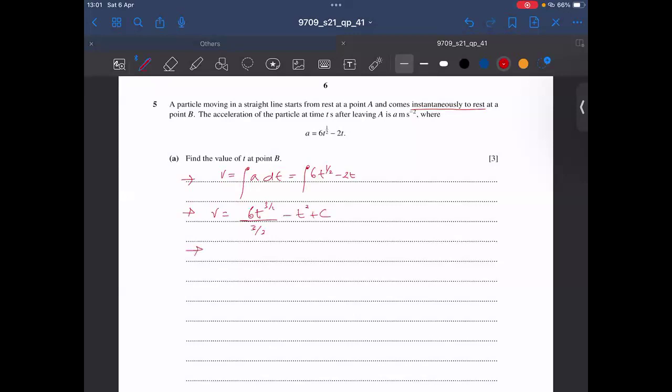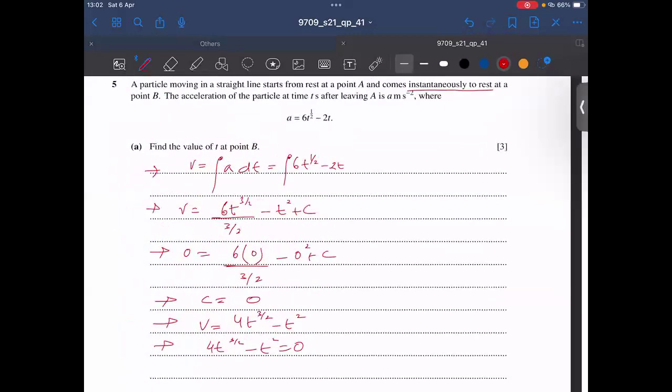And we know that it starts from rest, which means that at t equals 0, the velocity is 0. So c is going to be equal to 0. So V is equivalent to 12 over 3, 4t to the power of 3 over 2 minus t squared. Now if I keep that equal to 0, 4t to the power of 3 over 2 minus t squared equals 0.